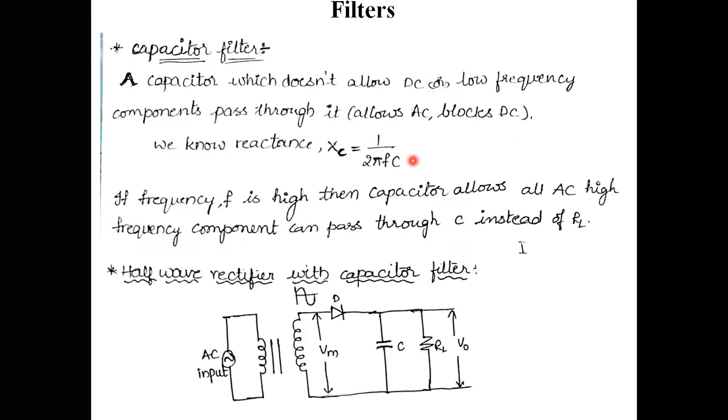A capacitor does not allow sudden change in DC or low frequency components. It does not allow sudden change in the flow of voltage, or sudden change in frequency component to pass through it. That means we can simply call this capacitor one which allows AC and blocks DC. It allows the AC component and blocks the DC component.